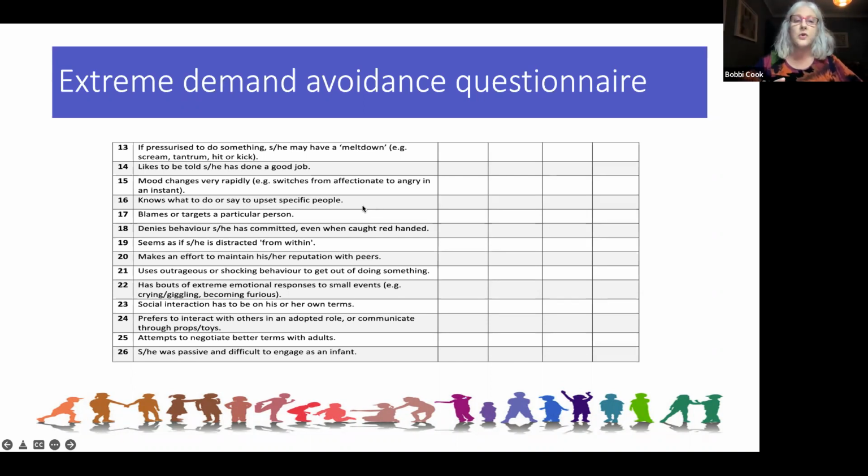Knows what to do or say to upset specific people. And this is actually a part of the delayed and impaired theory of mind. So it's not so much about wanting to upset them. It's about wanting them to mirror their level of distress, to experience empathy. Because what we do as adults is we try and stay really even and go, oh, I can see you're really upset, or, it looks like you're really angry, or I'm hearing you're really angry.